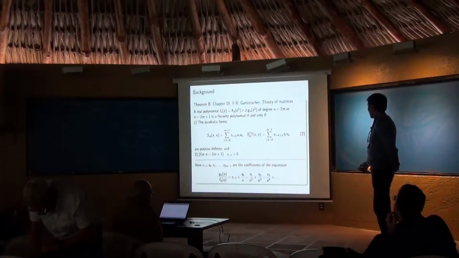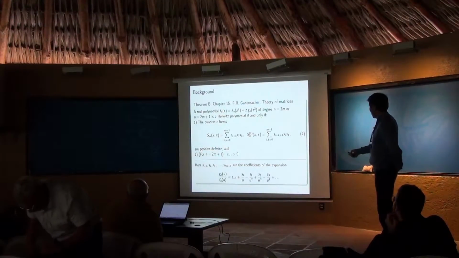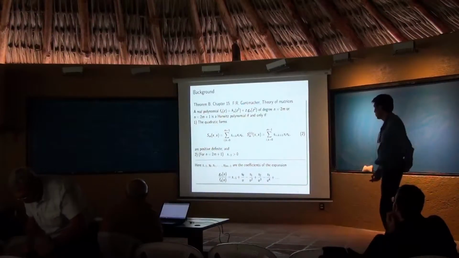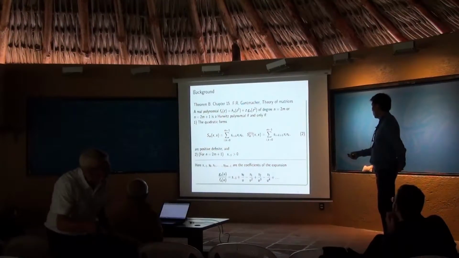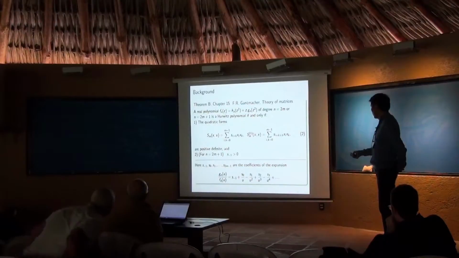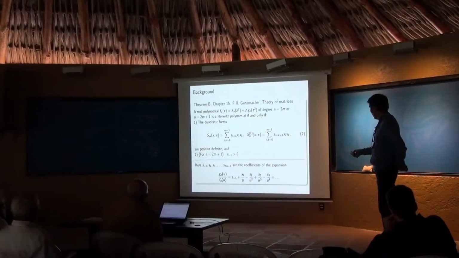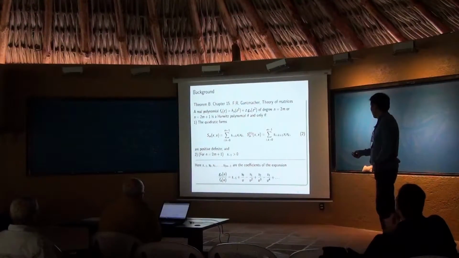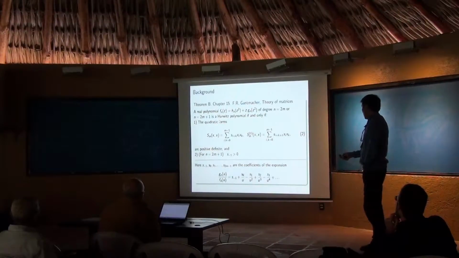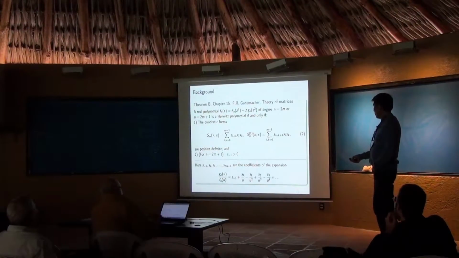Then another theorem in the same book, volume number 2, says that the real polynomial of even degree or odd degree is a Hurwitz polynomial if and only if these quadratic forms are positive definite.